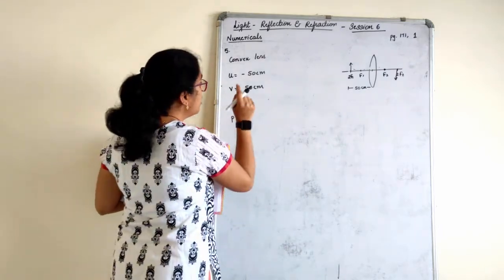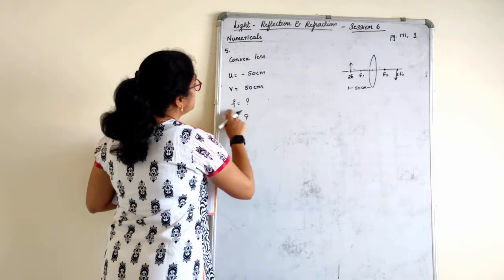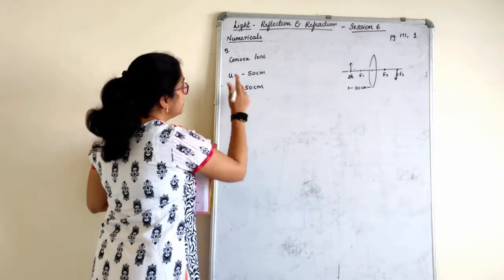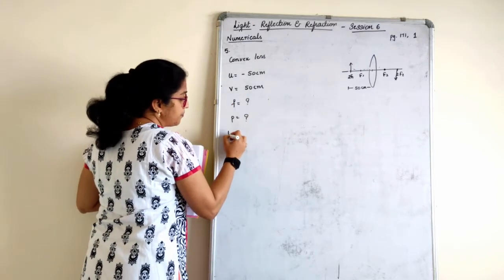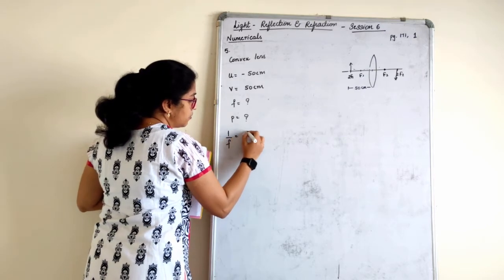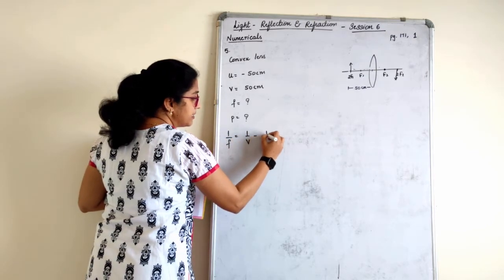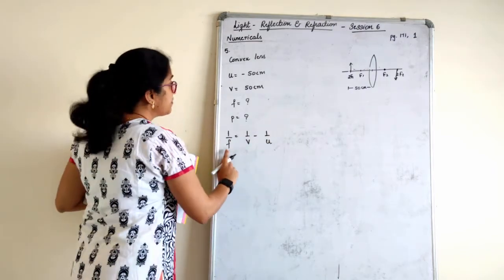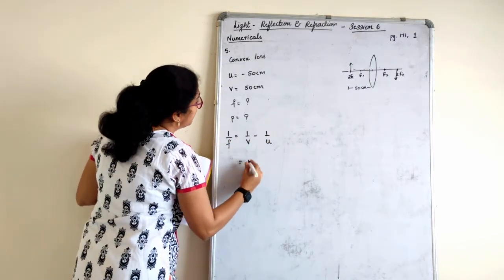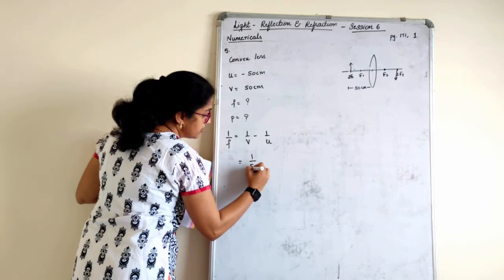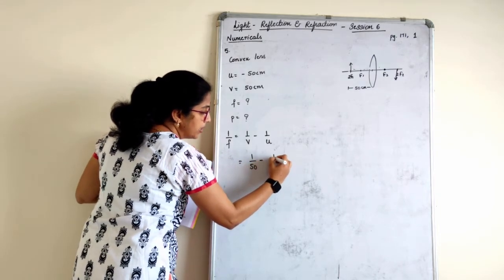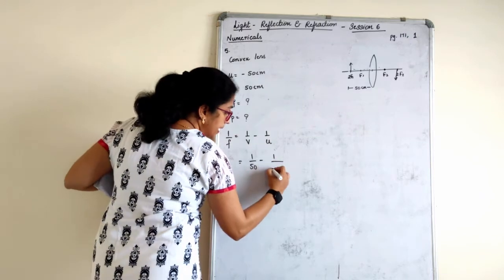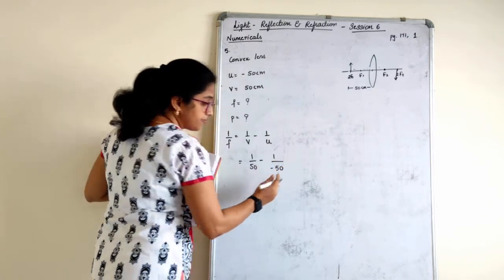Okay, let's proceed. Focal length is required, so focal length should be positive. Let's start with the lens formula: 1 by f is equal to 1 by v minus 1 by u. Be very careful with the minus sign. See how I substitute now. 1 by v is 1 by 50 as it is, minus, in the formula, 1 by minus 50.